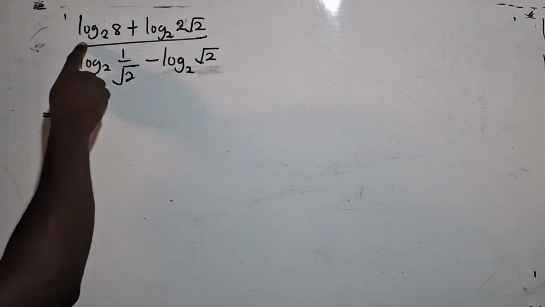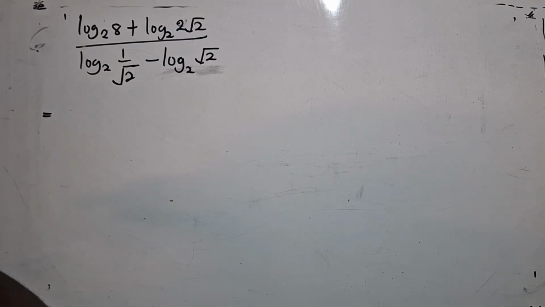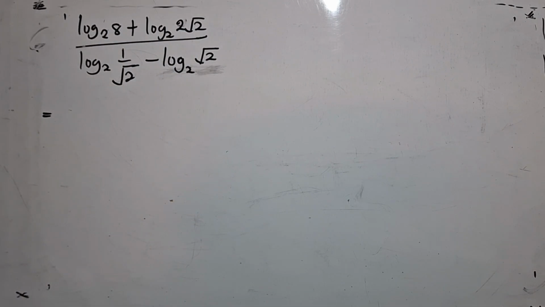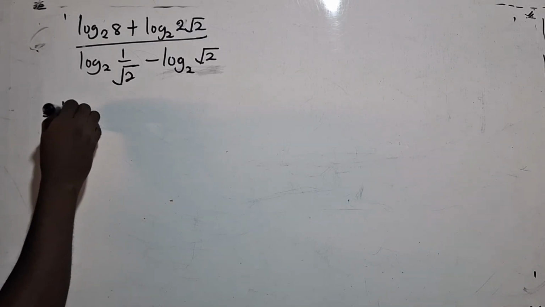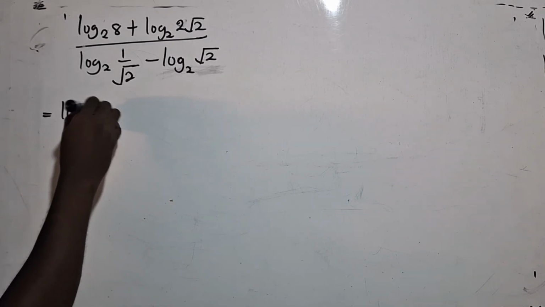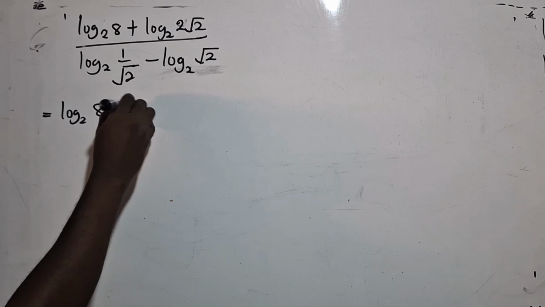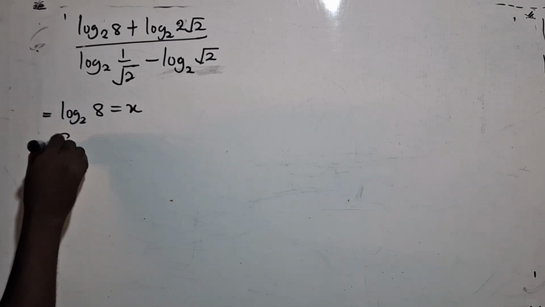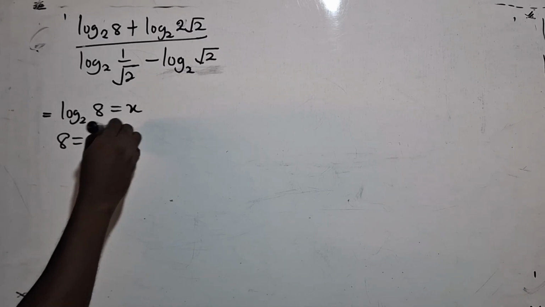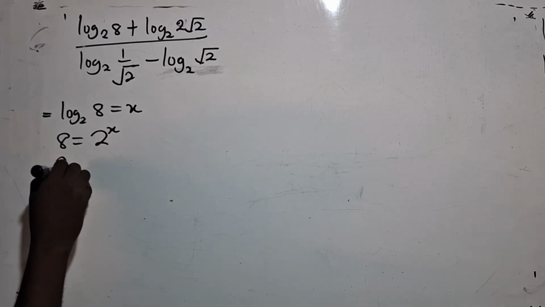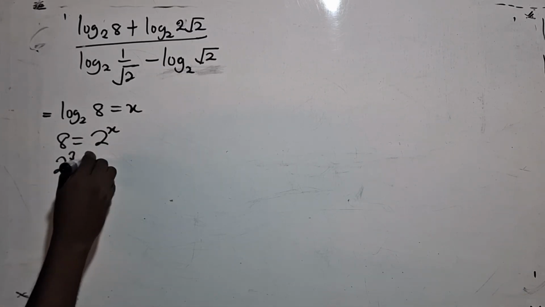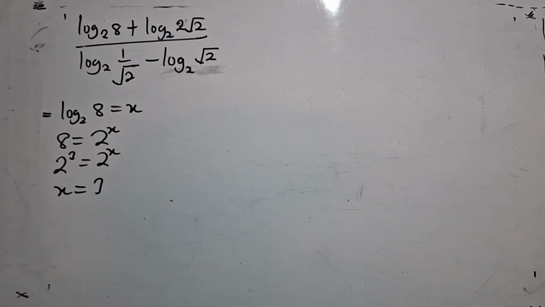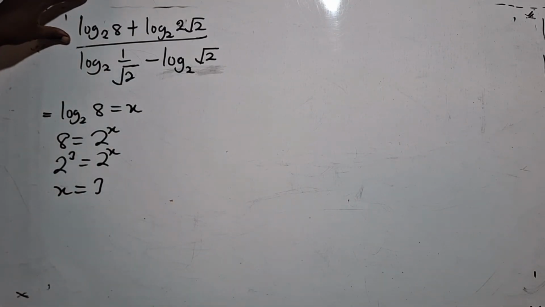When you look at log 2 8, I can express the 8 in terms of 2's. So let me use x: 8 is equal to 2 raised to the power x. I can express this as 2 raised to the power 3, then 2 raised to the power x. Now I'll have x is equal to 3. That's it for this one.